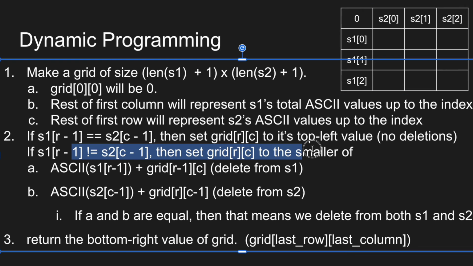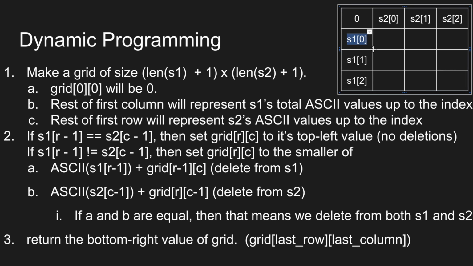Now, if they are not equal, then we will either get the ASCII value of S1 at this index plus what's from the previous row. What that will mean is we will delete this character, so that's why we add this, and then we will get whatever we have from above.